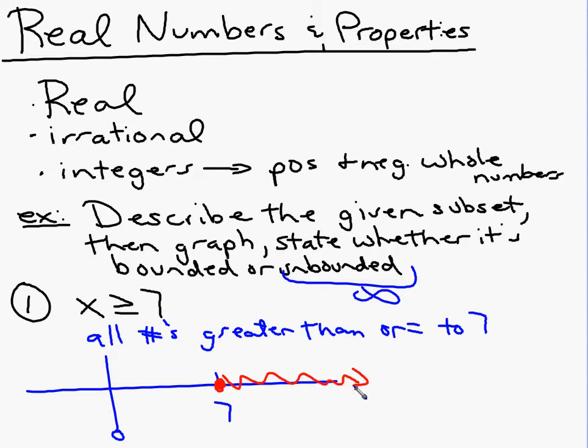You don't need to spend forever on these number line graphs. Is this thing bounded or unbounded? Unbounded. It is unbounded because this little deal right here is going to infinity. So this would be unbounded. All right, and I think you have the idea.